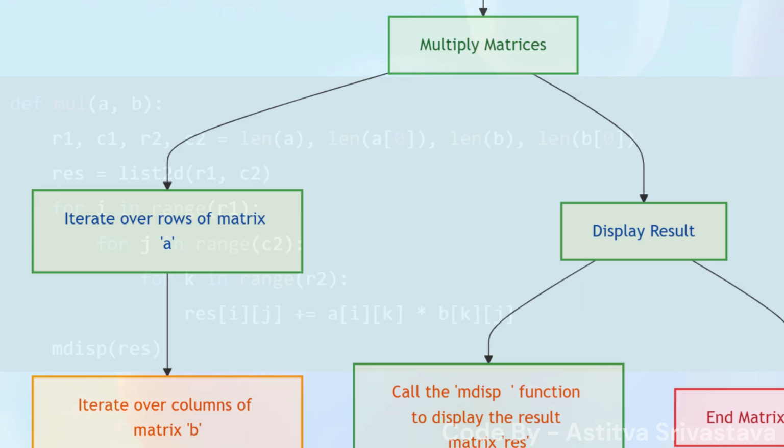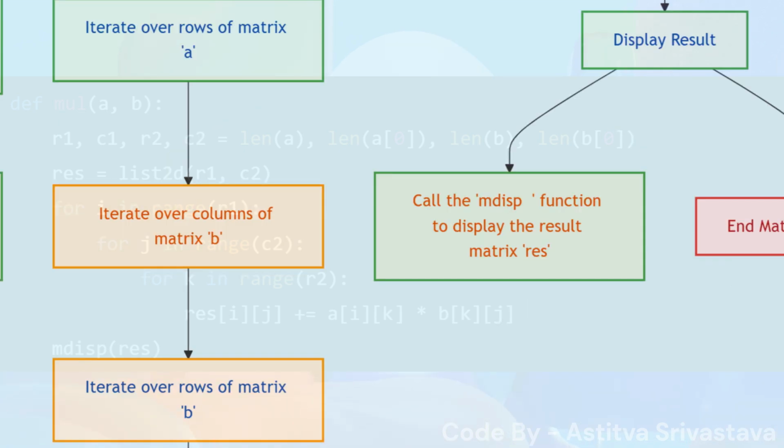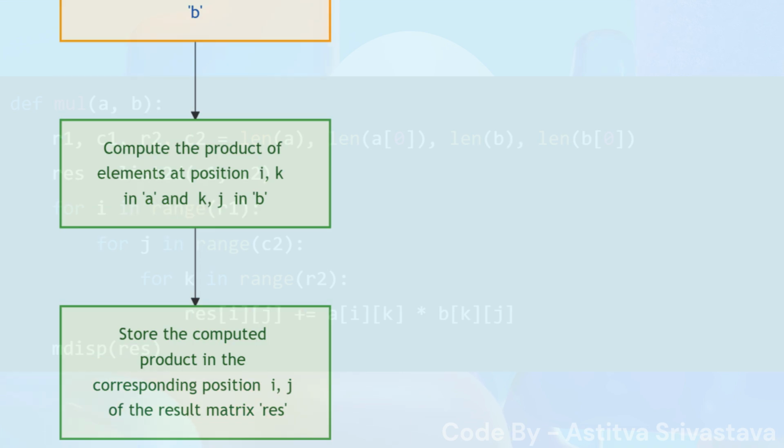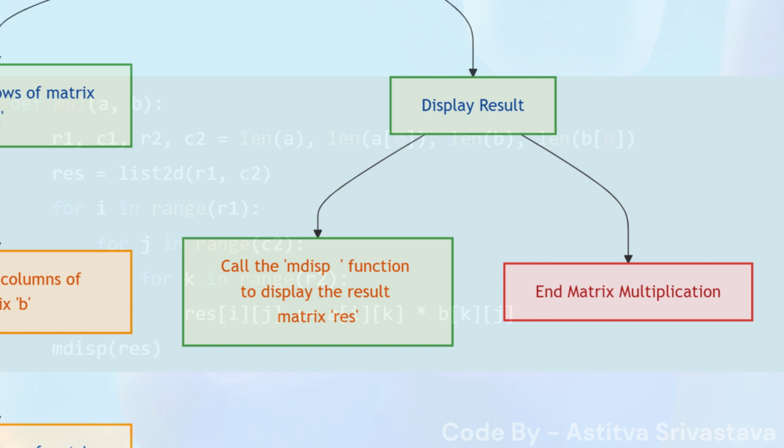Then it performs the multiplication using 3 nested loops. For each element, it sums the product of corresponding elements from A's row and B's column. Finally, it displays the result using the mdisp function.